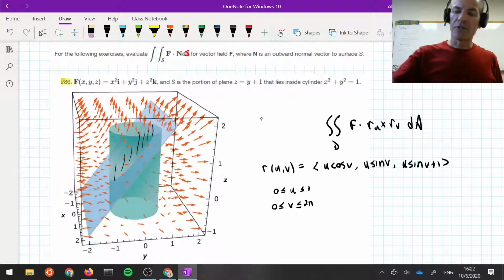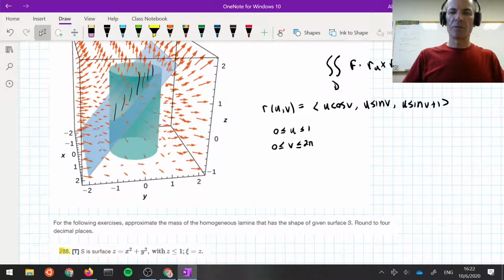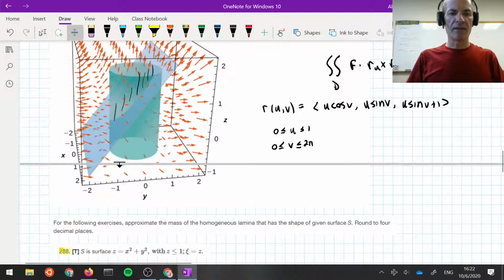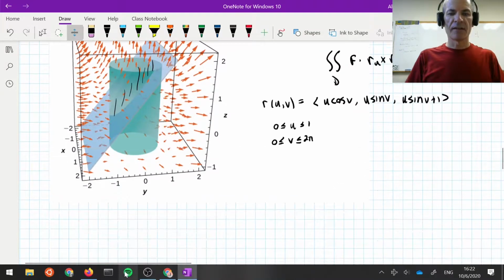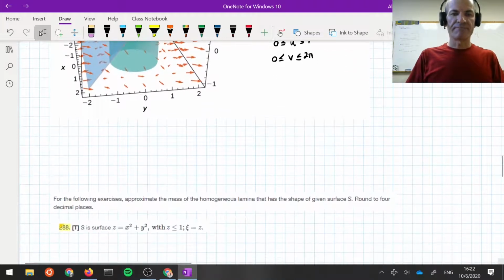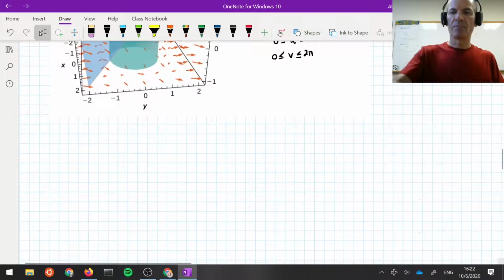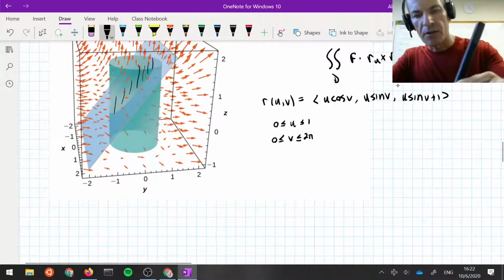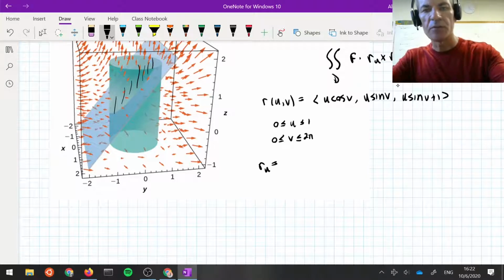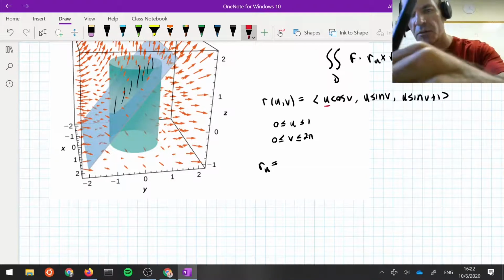All right, now we're off to the races again. We need to compute ru, rv, ru cross rv, and then build the integral. Let's do that. So ru is the derivative with respect to u. Let's make sure we see where the u's are.